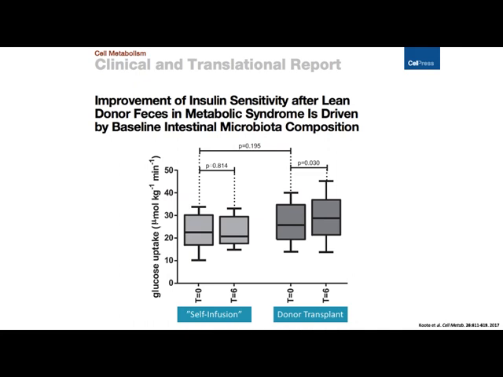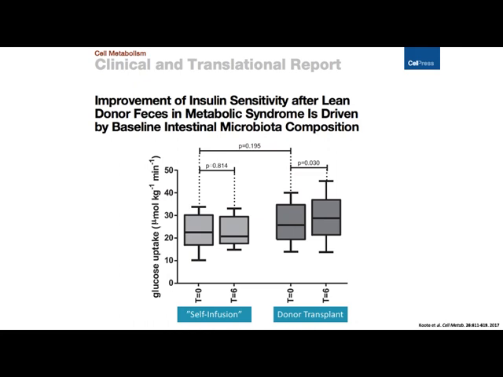They didn't know what they were getting, but this was the control group, the self-infusion group, versus those that received a donor transplant. So this is insulin sensitivity after receiving lean donor feces or their own feces, re-injected, hopefully not orally, on insulin sensitivity over 6 weeks.